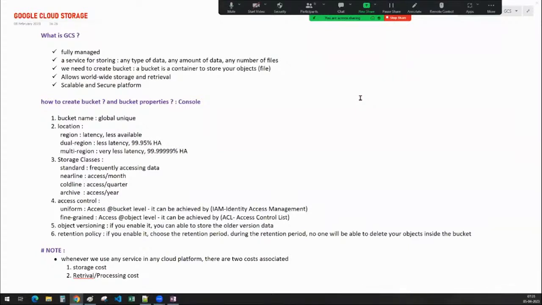If you remember, yesterday we discussed the introduction to Google Cloud Storage. What is Google Cloud Storage, guys? It is a fully managed service. Fully managed means all the resources required for managing, storing and retrieving the files will be taken care of by GCP itself.